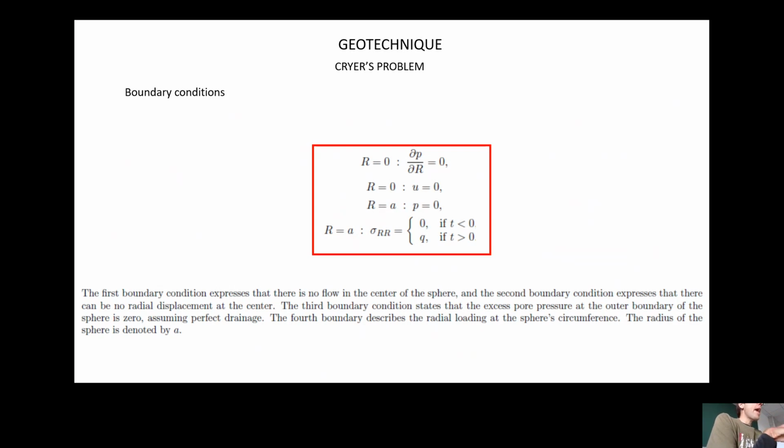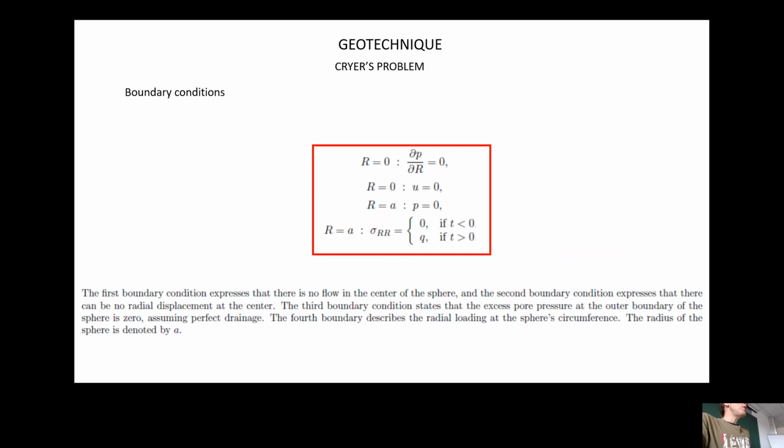And then we have two conditions at the boundary, when r is equal to a, where we have P equals 0, and the stress is 0 if t is less than 0, so before the consolidation problem, and Q is the load when t is greater than 0.